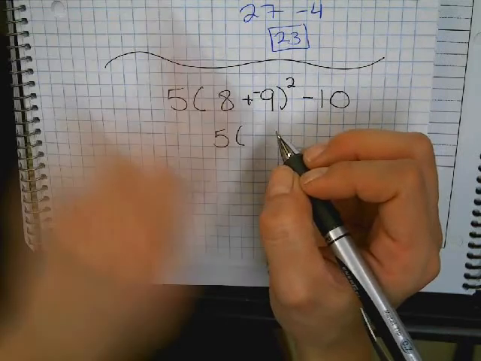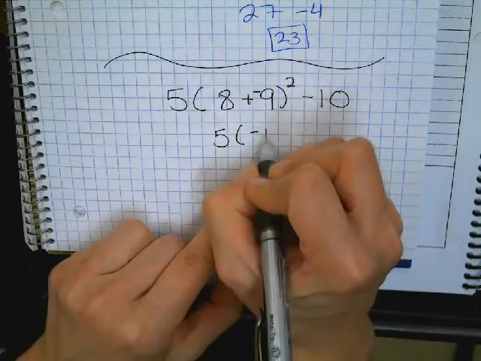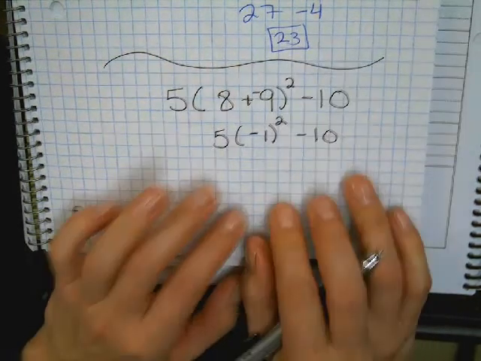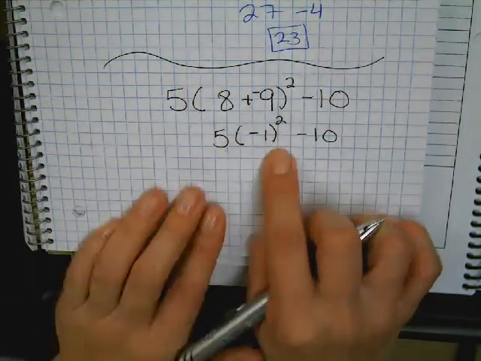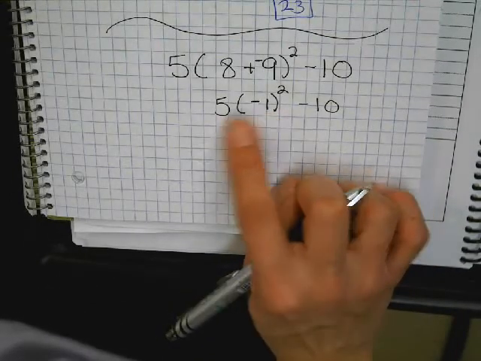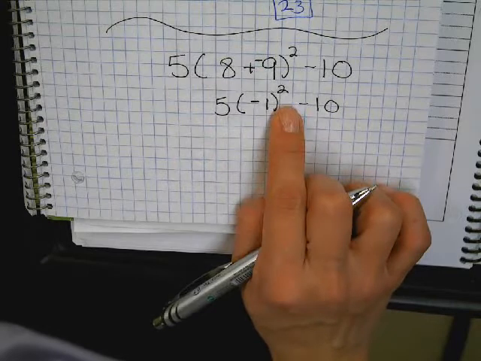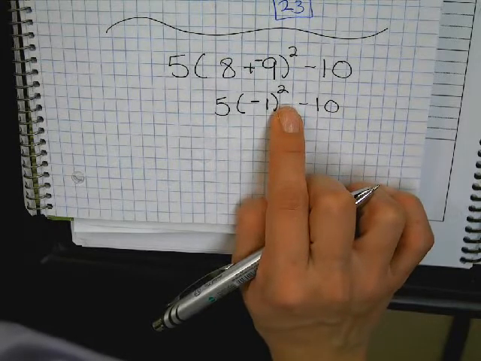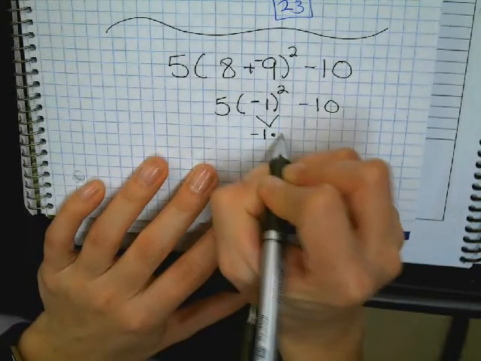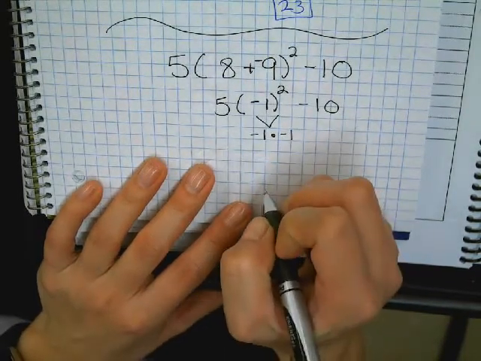You do parentheses first. Whatever you do inside the parentheses, you do first. Okay? So 8 minus 9 is -1. So now I have it in the parentheses. Okay, now I have multiplication and I have an exponent. What do I do? Exponent. So this is -1 times -1.